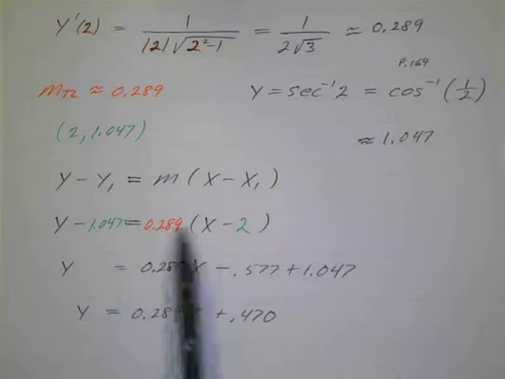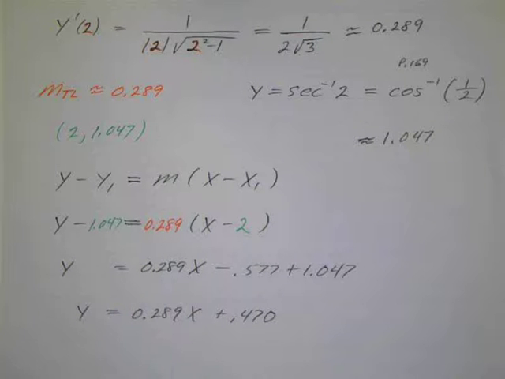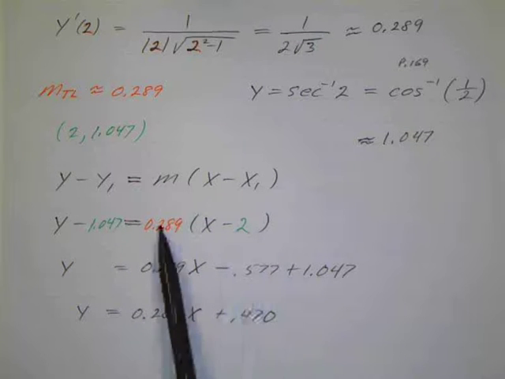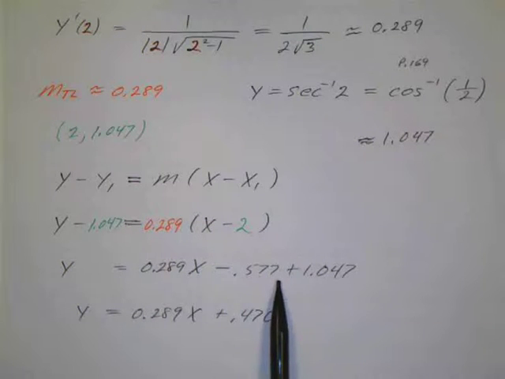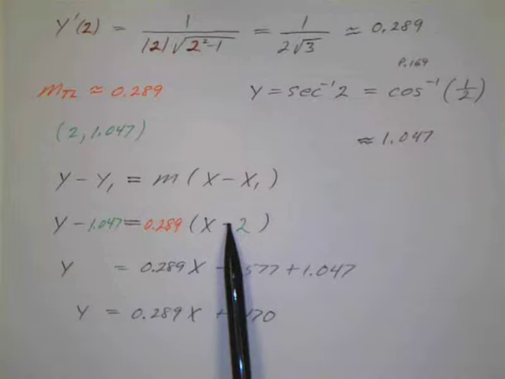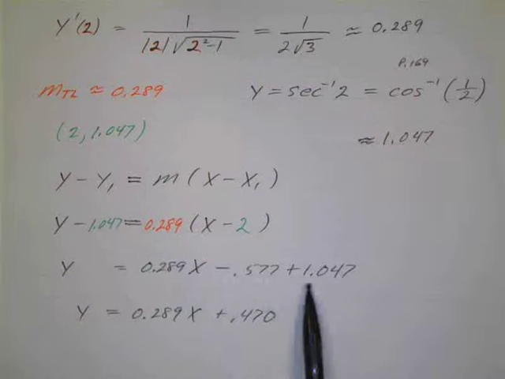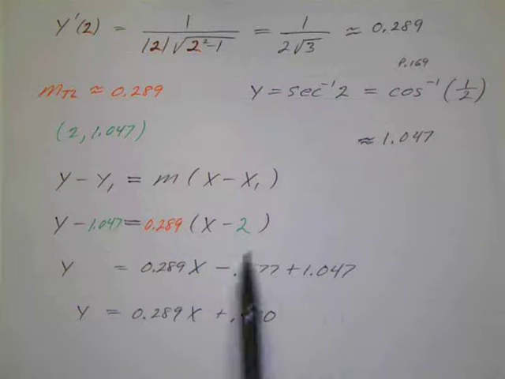We multiply this out. 0.289x. And if I multiply this by 2, I got 0.577, minus negative. And then I added the 1.047 to both sides. And then we simplify these.